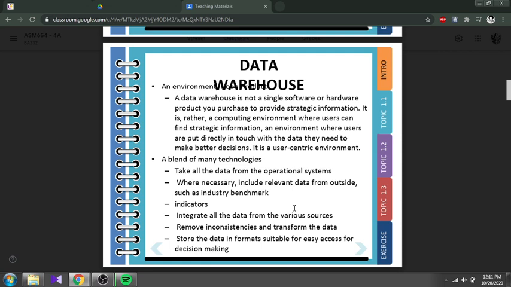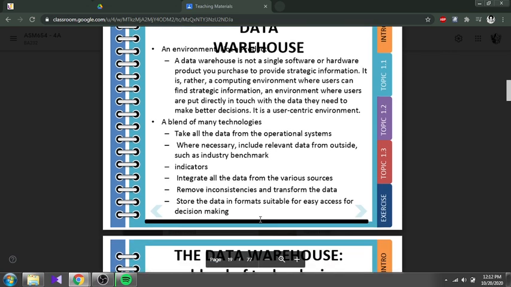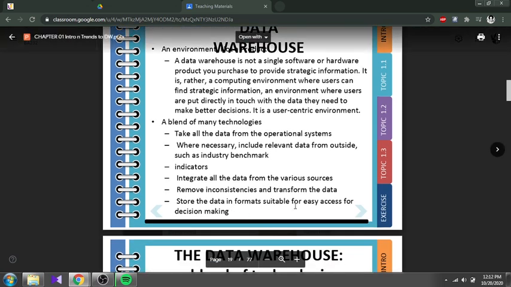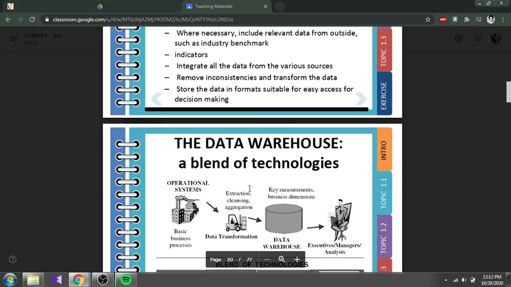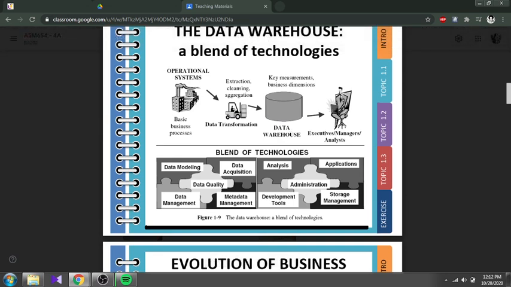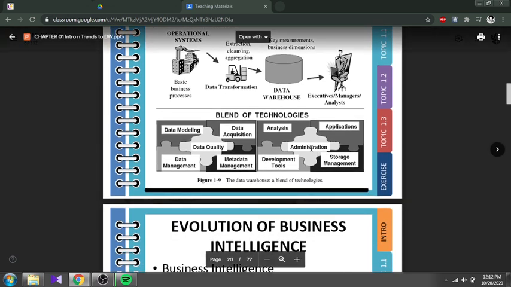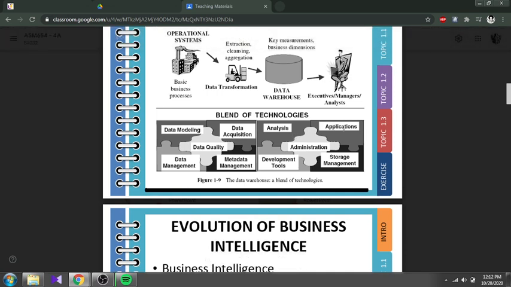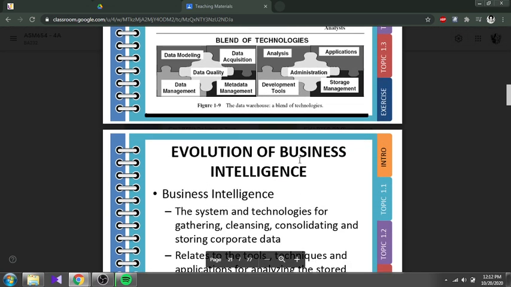It integrates all the data from various sources, removes inconsistencies, transforms the data, and stores it in a format suitable for easy access for decision making. Then, as before, the data is transformed into the data warehouse and is available to the executive, manager, or analyst to make a decision. It involves analysis, applications, storage management, and the development of tools.